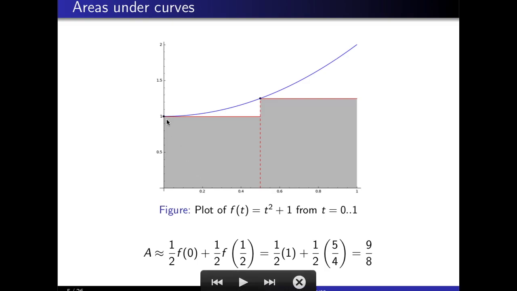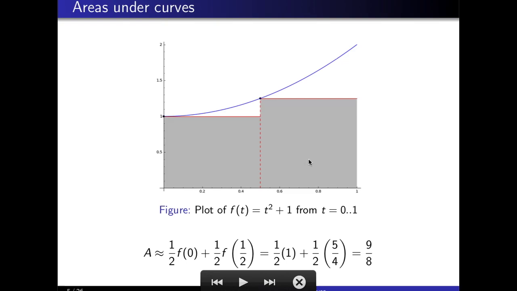So in the first case, I'm going to put the height to be what the function evaluates to at the leftmost point. So I've got the interval 0 to 1/2 here, and I'm just going to put my height to be f of 0. And over here, the leftmost point of the interval 1/2 to 1 is 1/2, so I'm going to take the height to be f of 1/2.